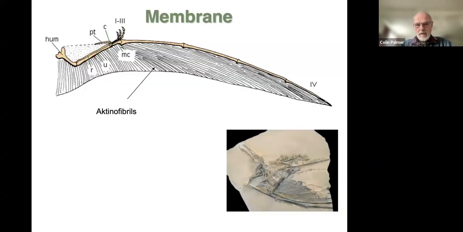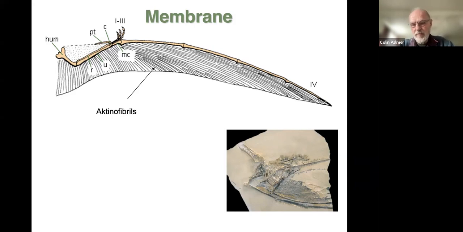So the membrane on the pterosaur, how was it reinforced really? How could it work as a supporting lift? Well, it was reinforced with what are called actinofibrils, which are long fibers, probably made of keratin, like our hair, and they were embedded in the surface of the wing, and that gave it its ability to form an aerofoil shape.